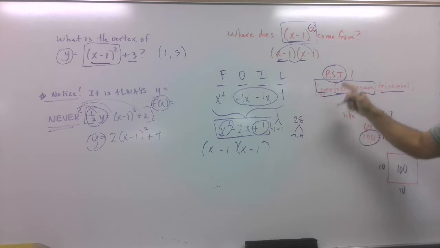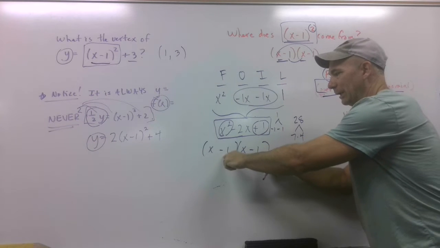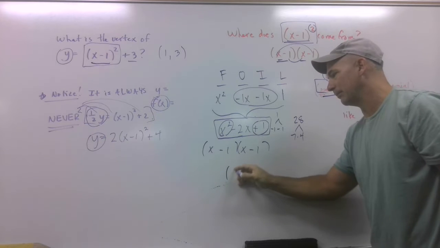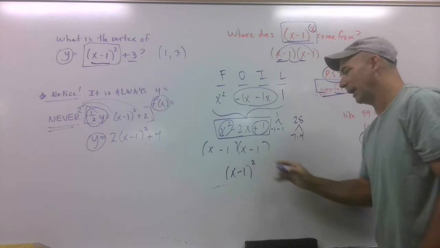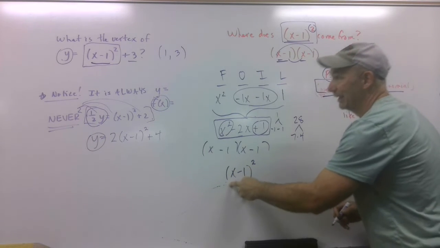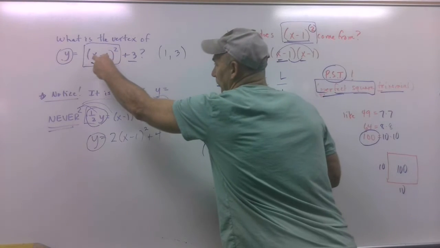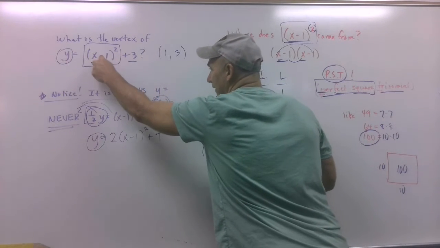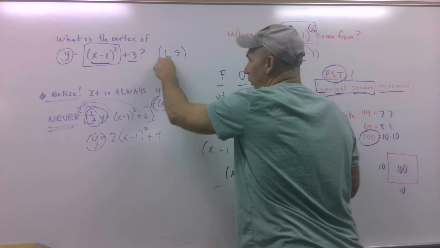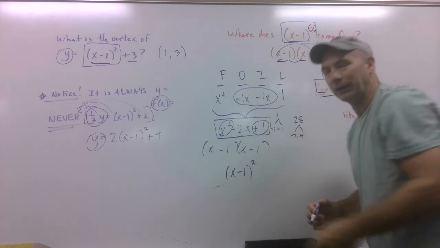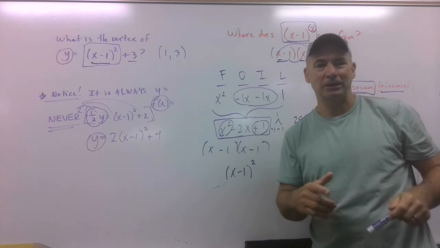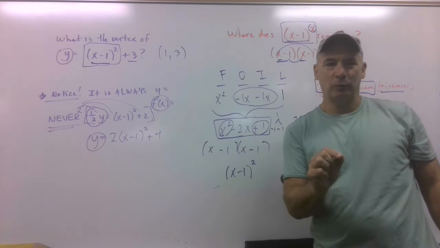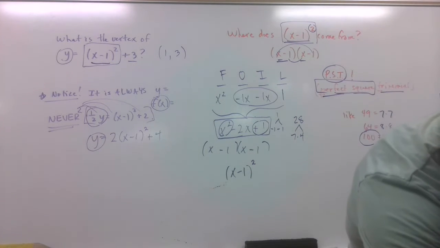Keep that in mind. Because when you factor it, you end up getting two binomials that are the same. And then you can write it like this. And then if it's written like this, and it's in a quadratic equation, you can then tell that it's bumped to the right one. That's why it's so important. As you can tell, we're going to be doing some factoring and looking for perfect square trinomials. Let me pause this a minute.